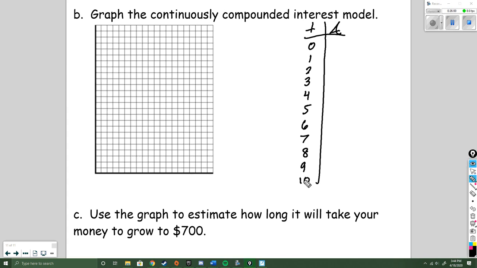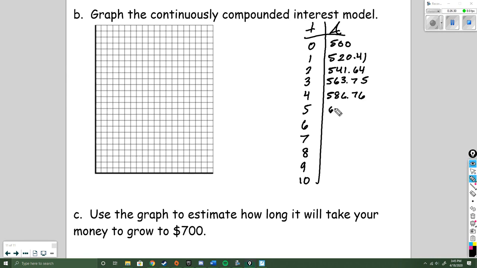So if we plug 0 in, we would get 500, which would make sense. We started with $500, and then after 1 year, we would be at $520.41. Then $541.64, $563.75, $586.76, and so on.